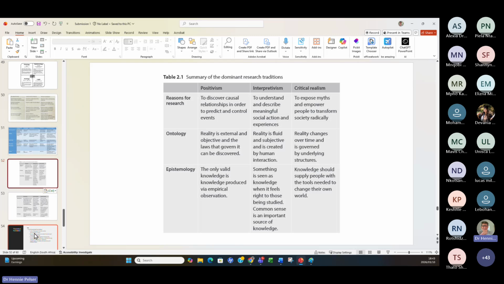Right. So in terms of your ontology, guys, this is what you consider your reality to be. What is reality? If you're a positivist, reality is something external, it is objective, it exists separate from the researcher. It is often governed by specific laws. So if I say to you, what is water? The laws that govern water will tell us that it's H2O. In terms of interpretivism, reality is based around perceptions and subjective experiences.